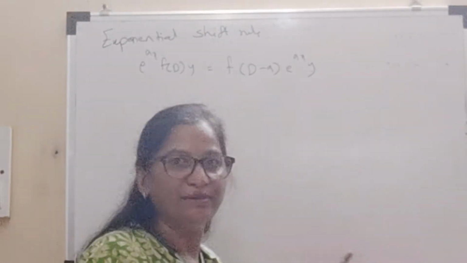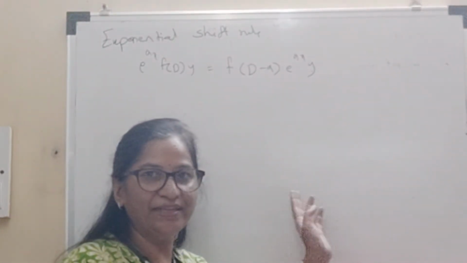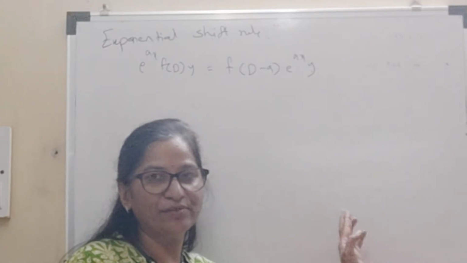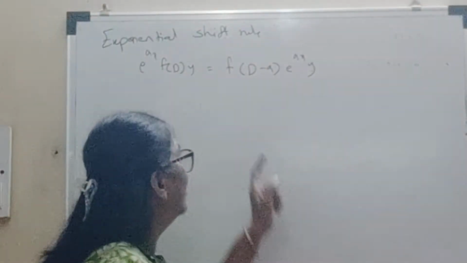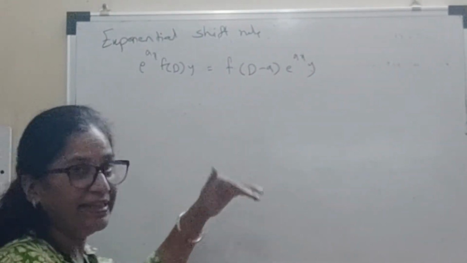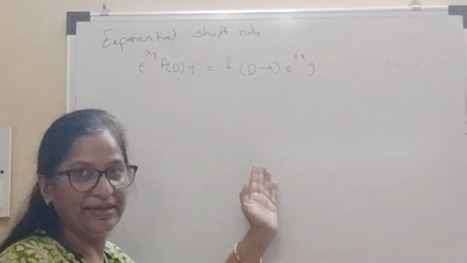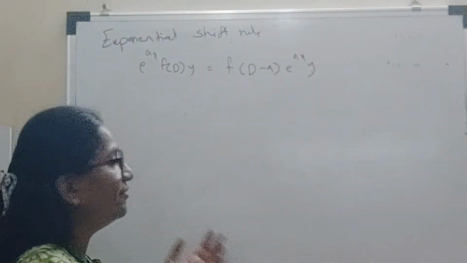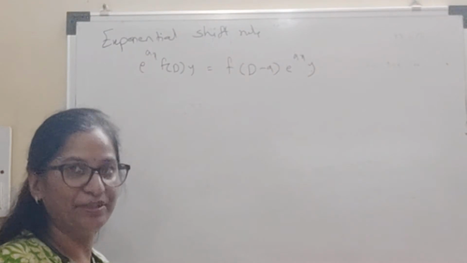This is useful for solving examples when roots of f(m) equal to 0 are repeated. So first of all we derive this result, and then we solve examples on the exponential shift rule.